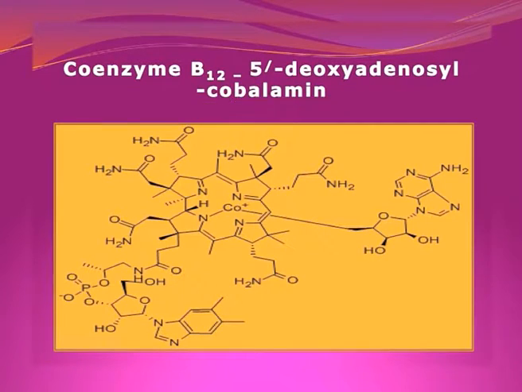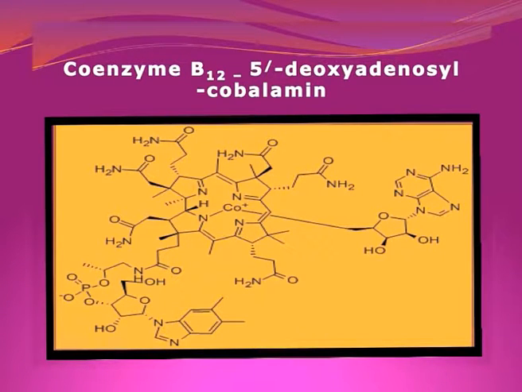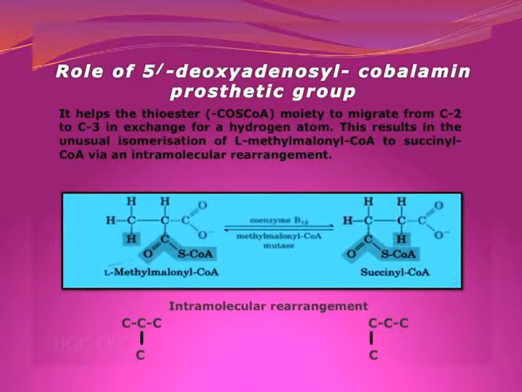Now coming to coenzyme B12, its systematic name is 5'-deoxyadenosylcobalamin, which means that it is a derivative of vitamin B12, cyanocobalamin. Its structure is shown in this slide, which is a bit complex one. Now we have to know the role of this coenzyme B12 in the last step of the methylmalonate pathway.